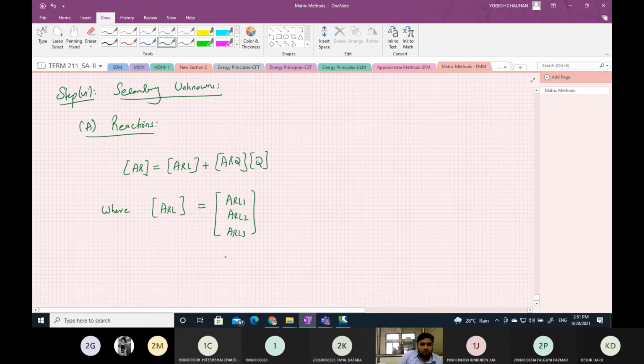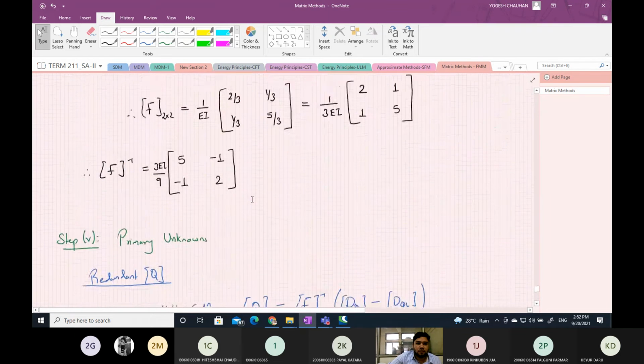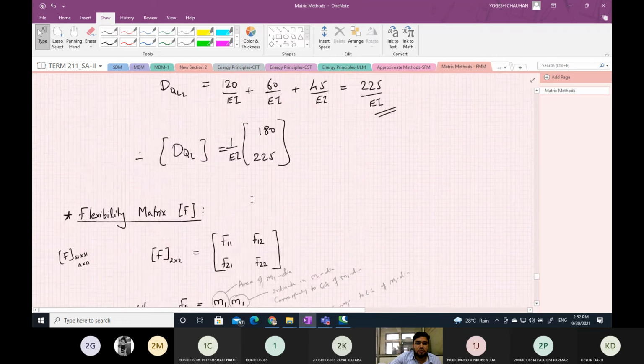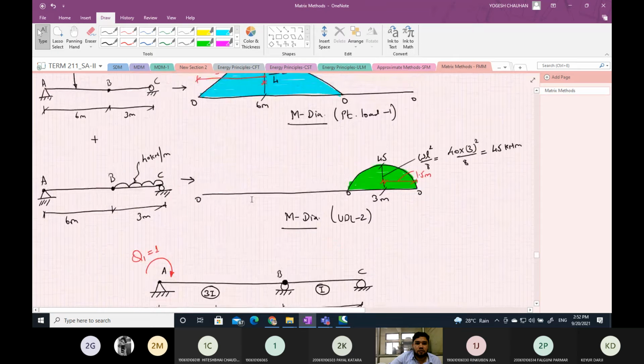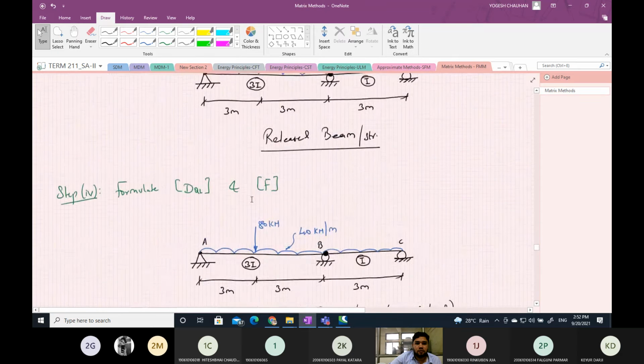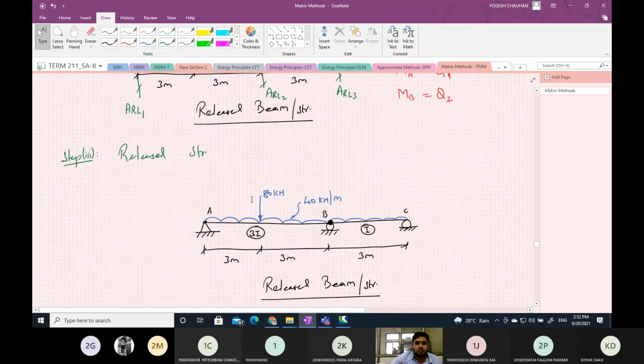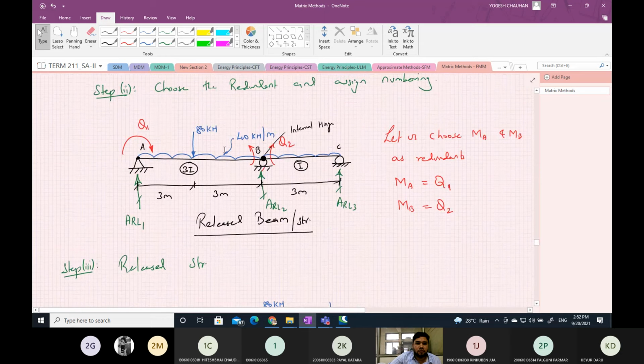The value of ARL1 will be equal to the reaction here due to this load.